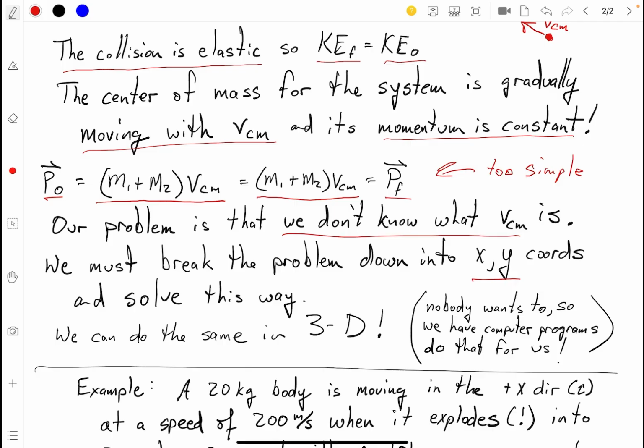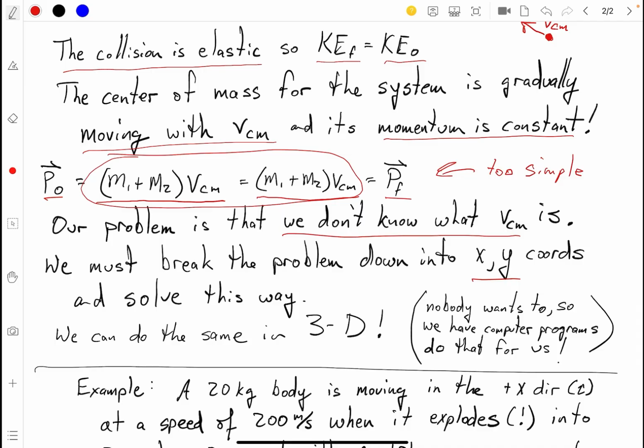We're given the one particle's velocity, we're given the other particle's velocity, and we can solve everything using this notion, right? But we really don't know. We never figure out, well, we can, it's doable, but we never actually go through and say, oh, I want to know what exactly the velocity of the center of mass is.